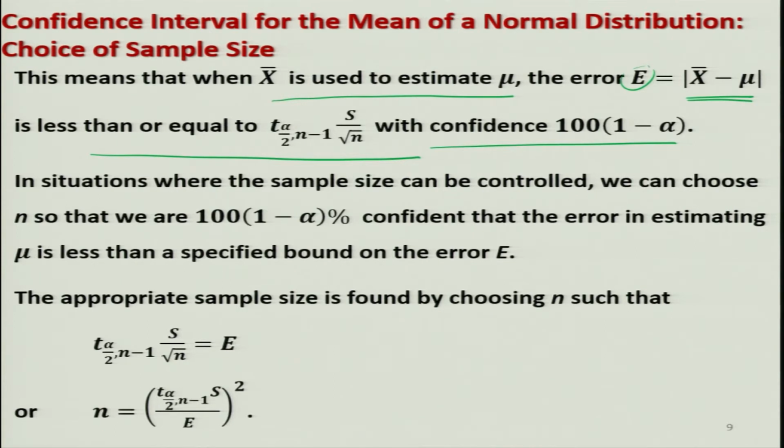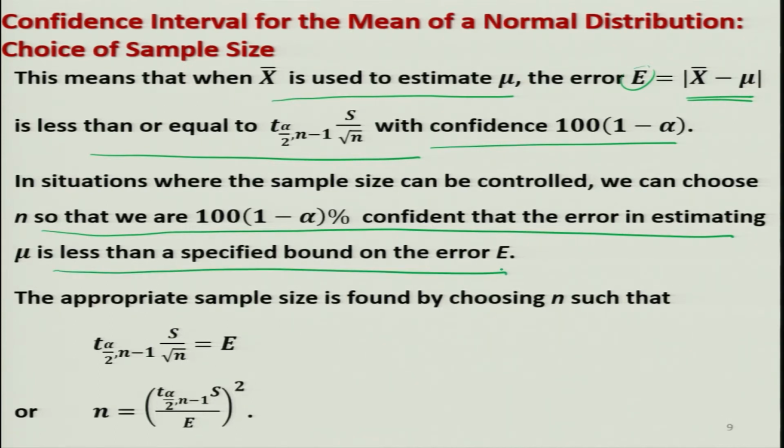In such a situation where the sample size can be controlled, we can choose the sample size so that we are at least 100(1 minus alpha)% confident that the error in estimating the parameter mu is less than a specified bound on the error E.